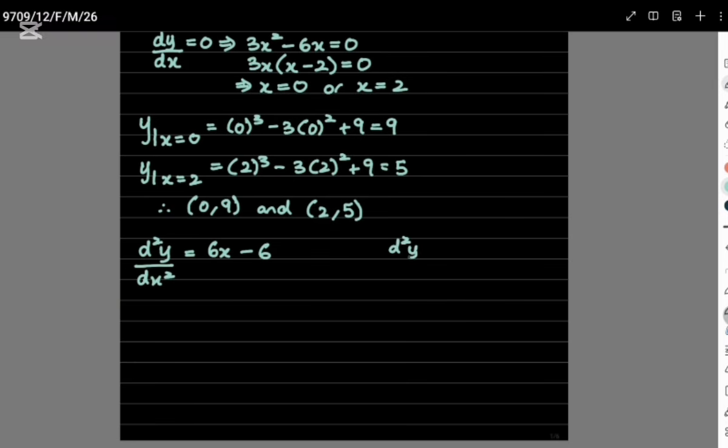If d squared y over dx squared is greater than 0, it's a minimum. And if d squared y over dx squared is less than 0, it's a maximum.